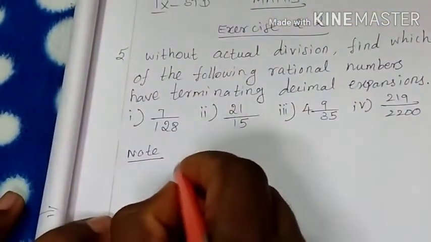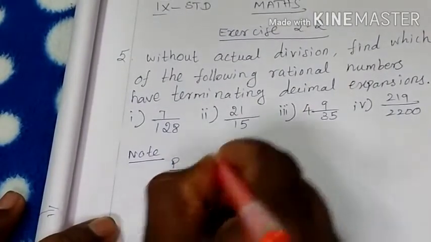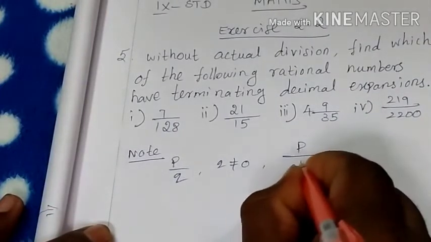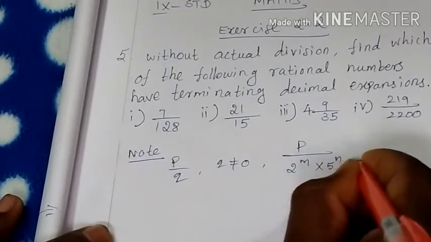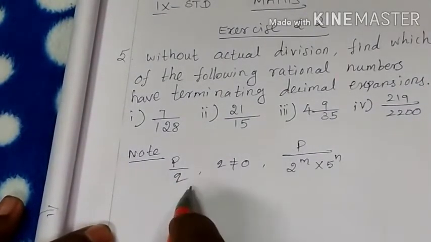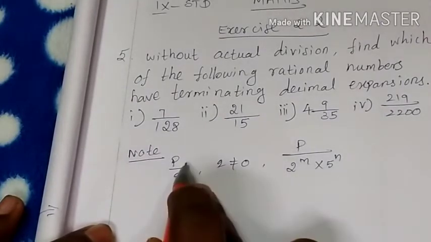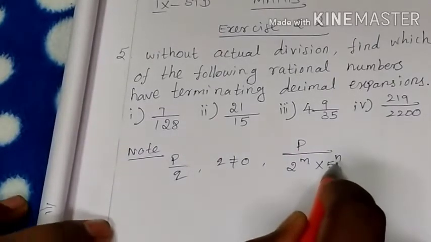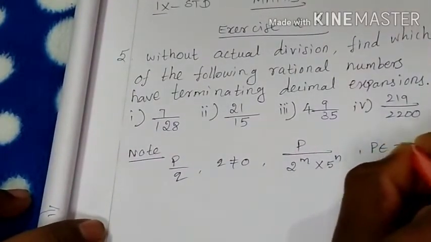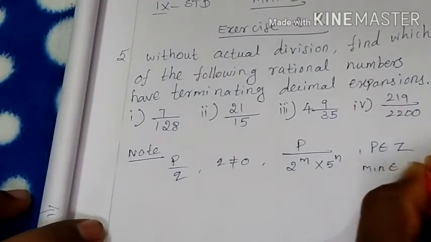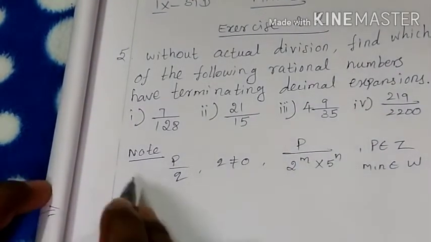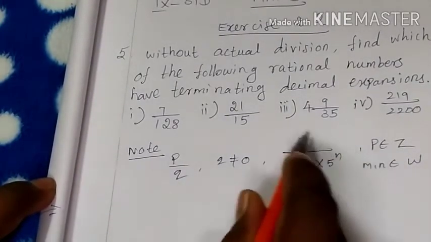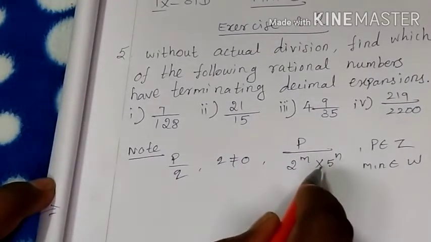The note is: if a rational number p by q, where q is not equal to 0, can be expressed in the form p divided by 2 power m into 5 power n, where p belongs to Z and m and n belong to whole numbers, then the rational number has a terminating decimal expansion.